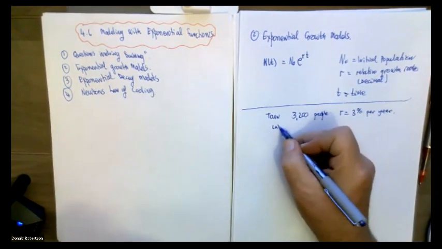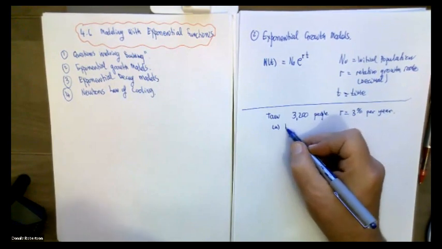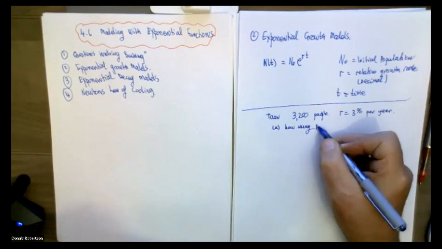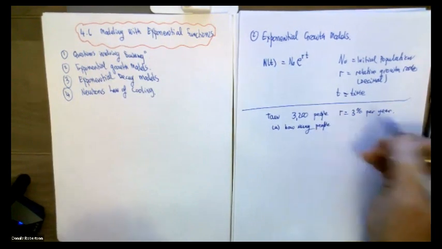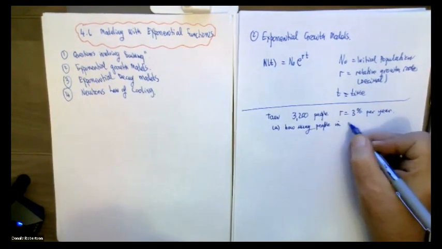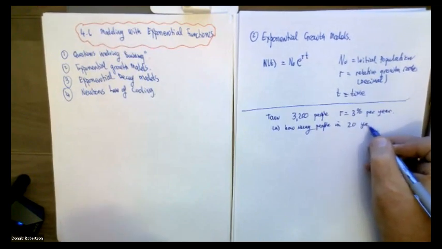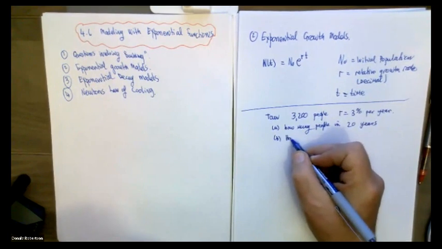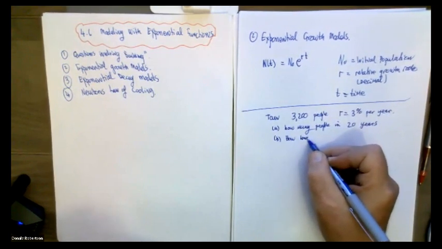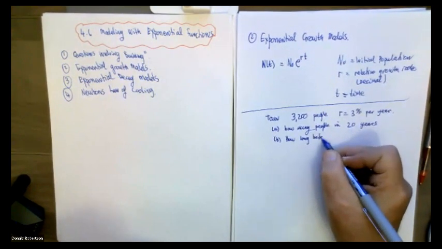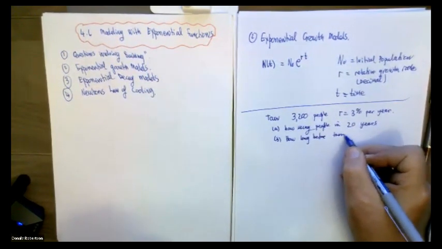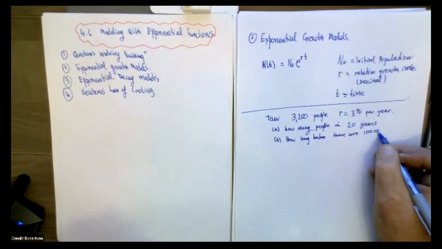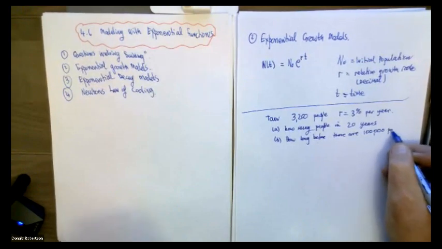And the questions might be, A: how many people will be in this town in 20 years? Or B might be, how long before there are 100,000 people in this town?